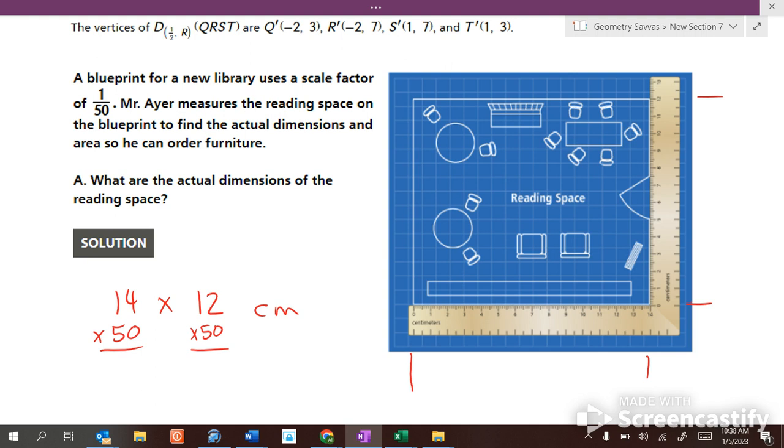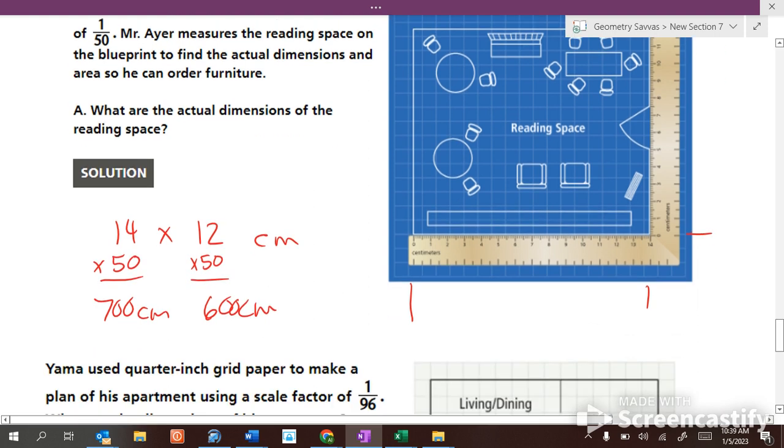What's 14 times 50, everyone? 700 centimeters. What's 12 times 50? 600 centimeters. Okay, everybody in here has had Mr. Swenson already sometime in your career. Well, some of you had Mr. Hodgin for physical science. In physical science, you do metric conversions.